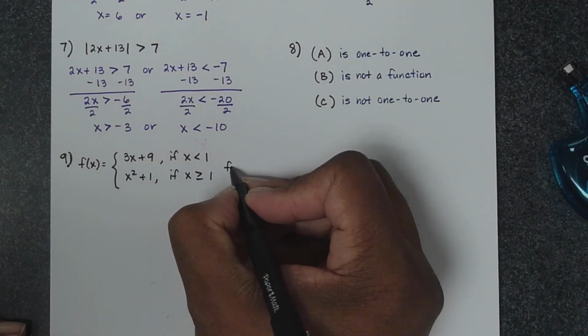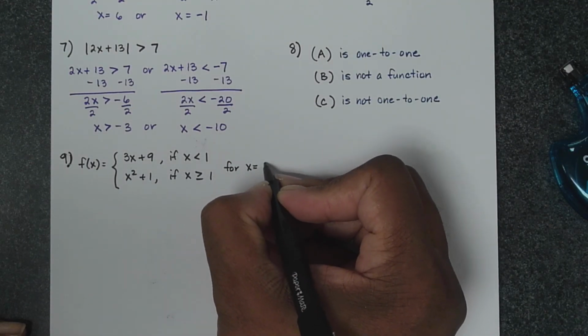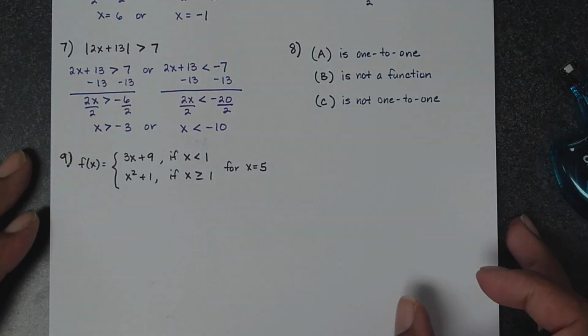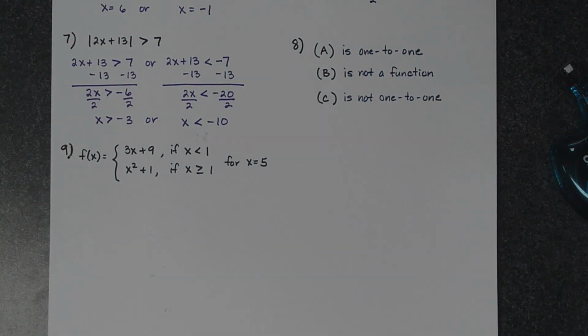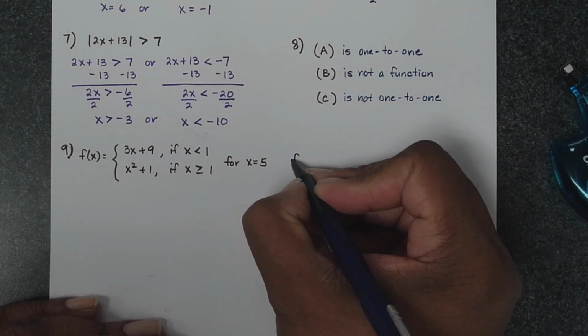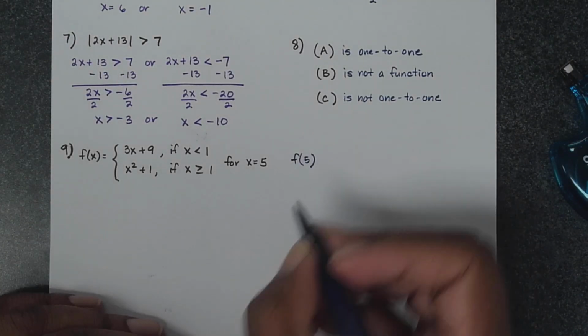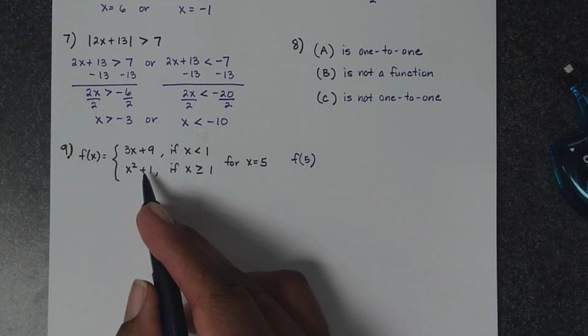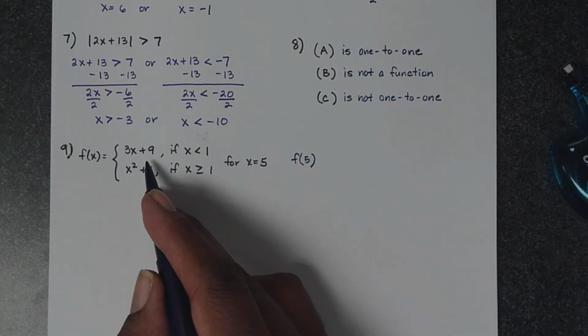And this is only for x is equal to 5. So in this case here, we're just going to evaluate f of 5.